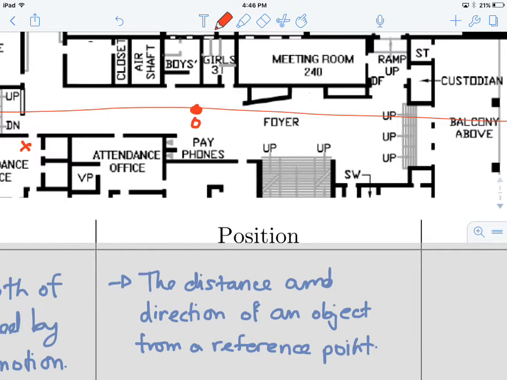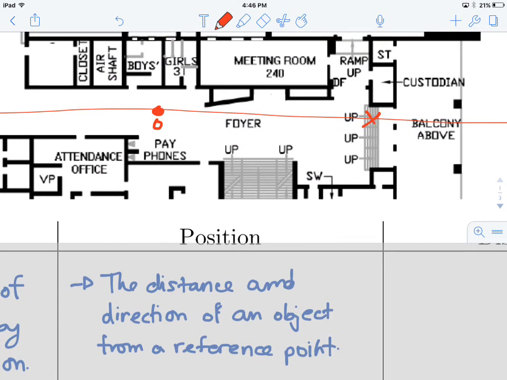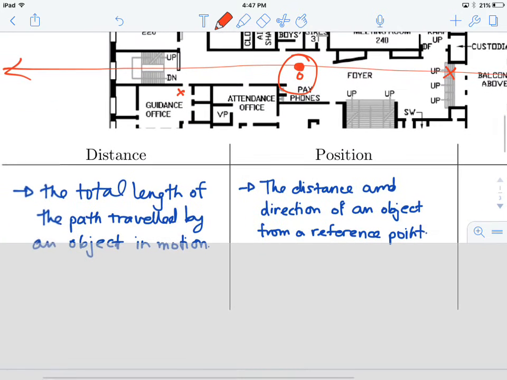Then we could say someone is standing on the stairs going into the balcony. That would give their position, because with reference to this point right here, we would know where the person is standing. Now, this is a vector, because it's not just a scalar. Distance is a scalar. We don't care what direction the person's traveling.